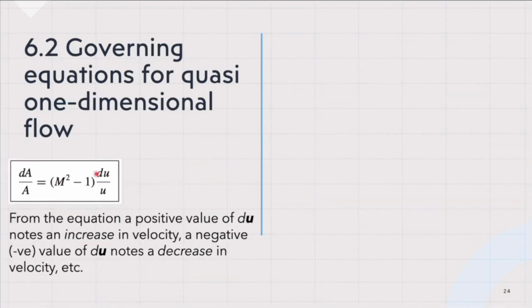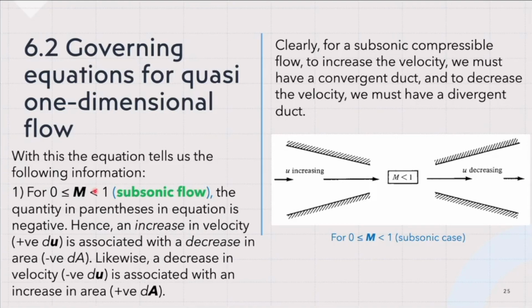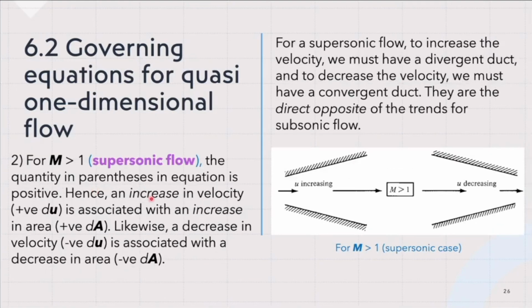Hence, an increase in velocity, positive du, is associated with an increase in area. So this is aligned with the equation. Likewise, a decrease in velocity is associated with a decrease in area.